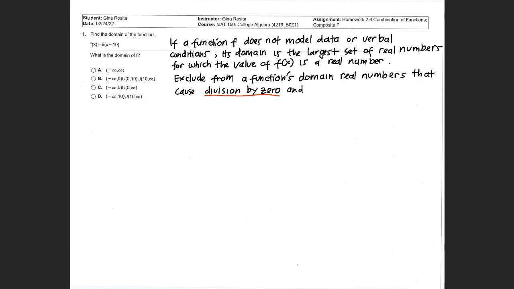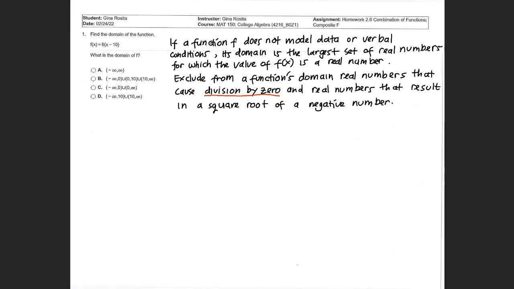And real numbers that result in a square root of a negative number.